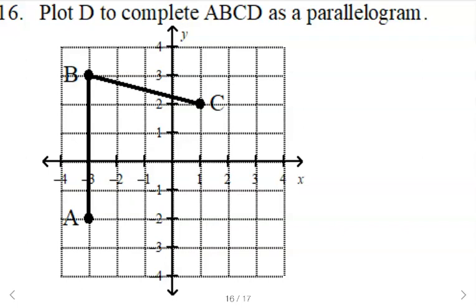16, trying to make this a parallelogram. Well, opposite sides must be parallel, so they must have the same slope. So if I think about going from B to C, I go down 1, to the right 1, 2, 3, 4. So I need to travel from A and go down 1, to the right 4.